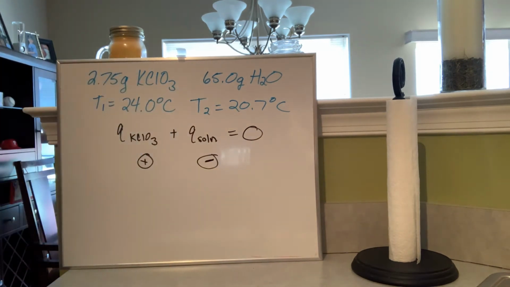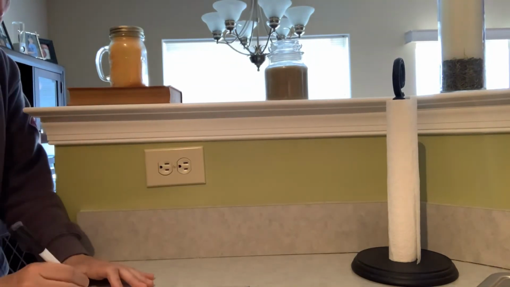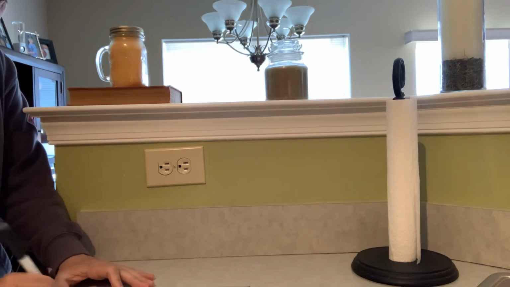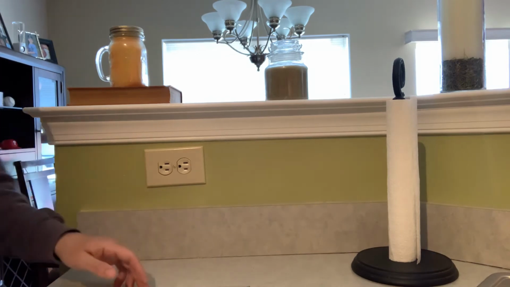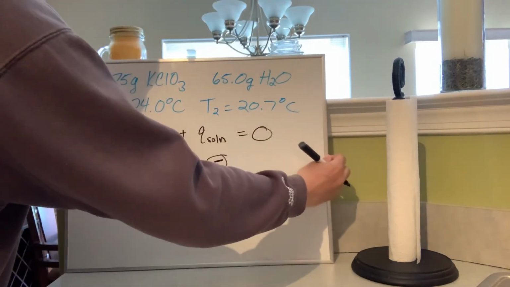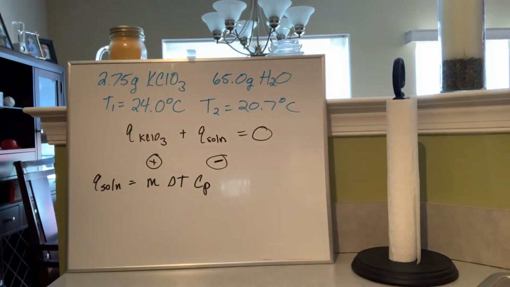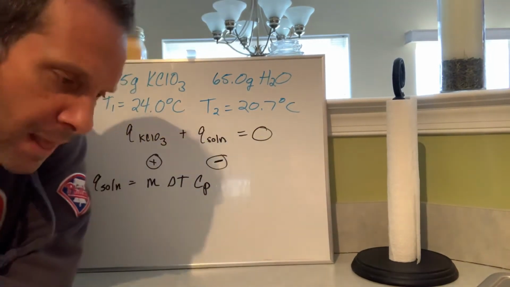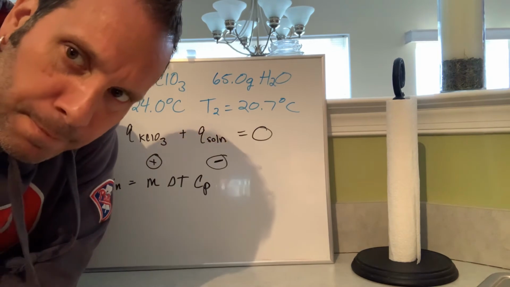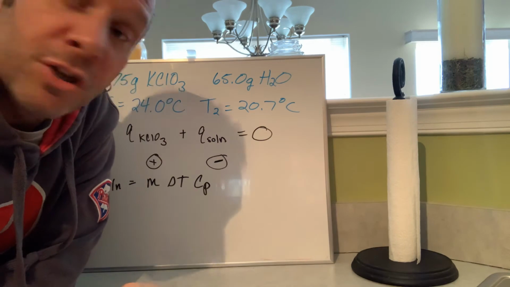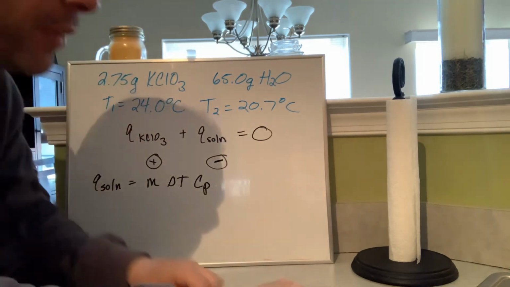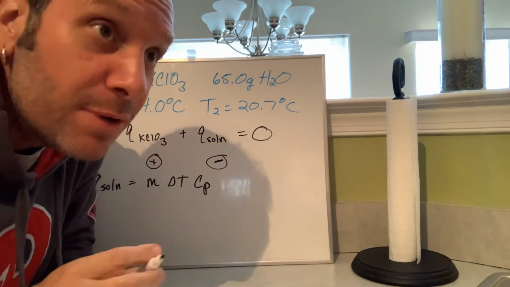Okay, well, the Q of the solution is going to be the thermodynamic equation Q is equal to M times delta T times CP. Now, hopefully I have instilled enough knowledge into you almost people that, without looking it up, without putting your hand up in class, Mr. Drachy, what's the CP?